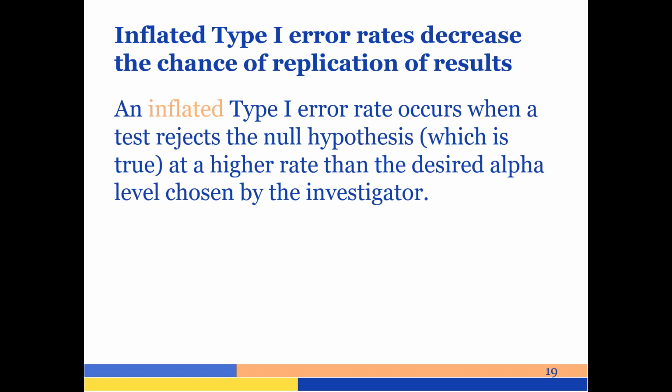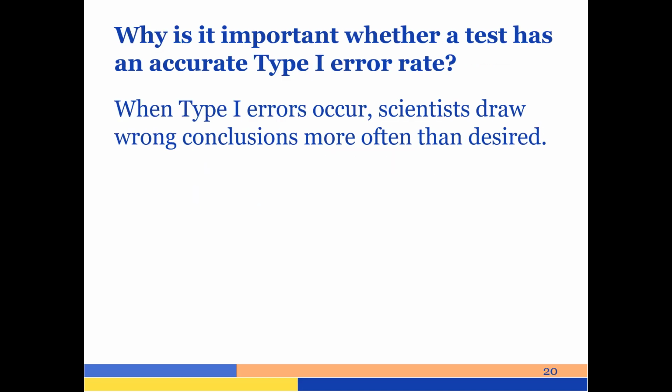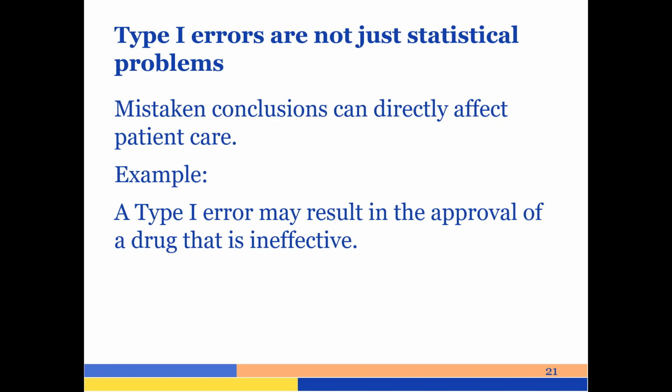Lack of reproducibility is a major problem in science. If scientists are drawing the wrong conclusions, then we are not meeting our scientific goals and objectives. These are not just statistical problems either.